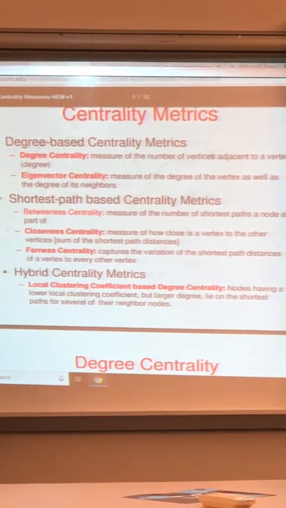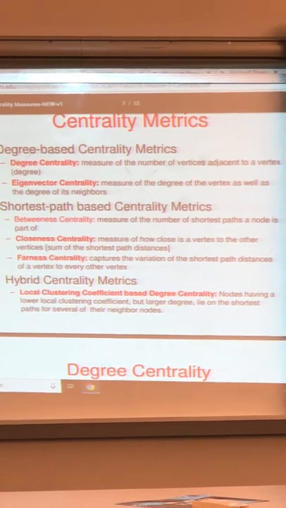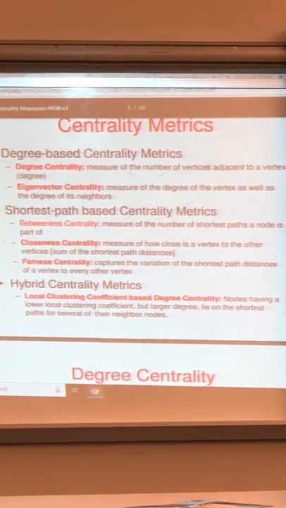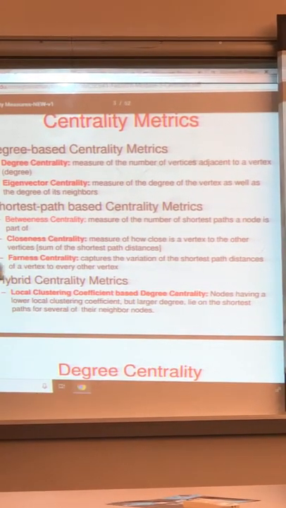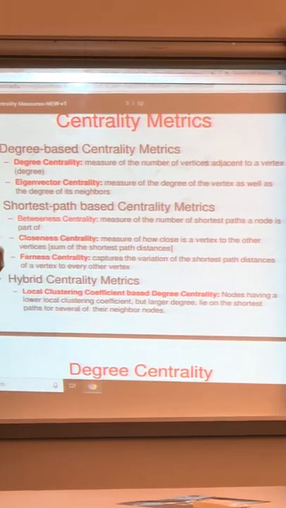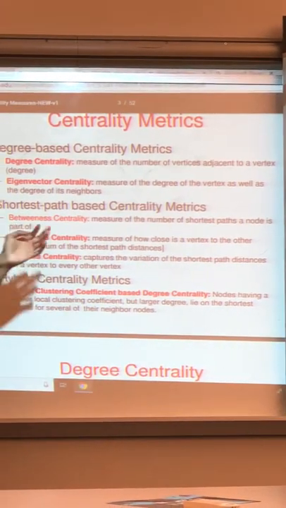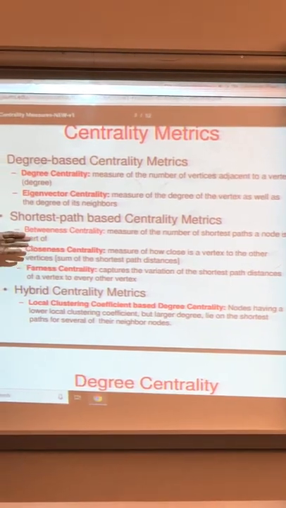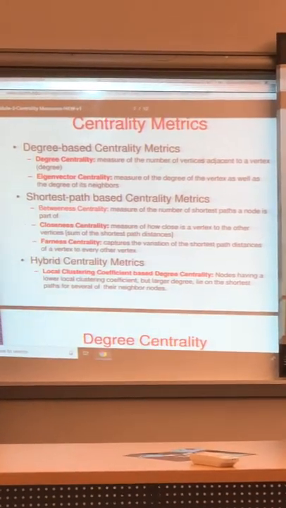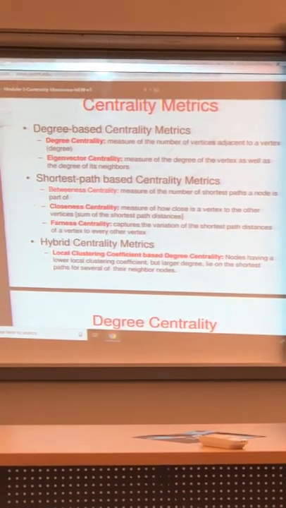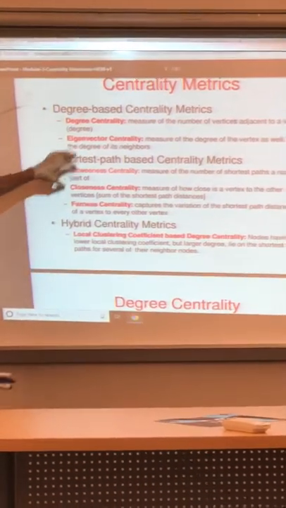Then the shortest path based metrics, as I said, betweenness centrality, then closeness centrality, as well as something called farness centrality, which is a variation of closeness centrality. I'm just introducing the names; as we go through the detail, we'll see each of them more.